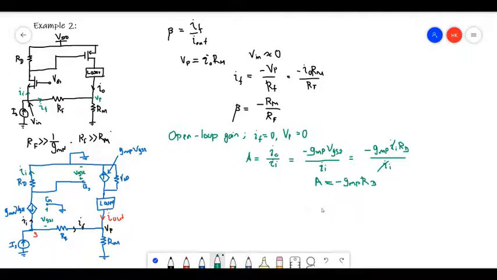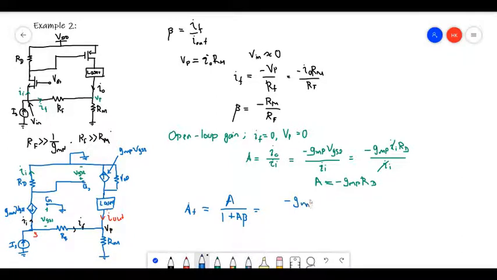Right. So now using these two, we can calculate A or the closed loop gain. The closed loop gain is A over 1 plus A beta. I'm just going to write the expression.